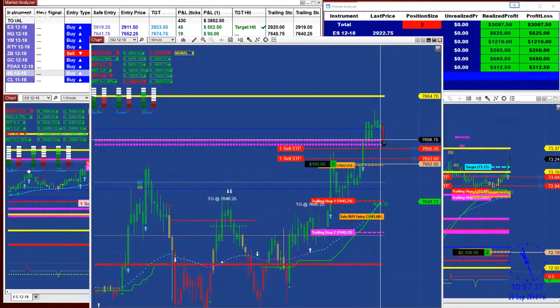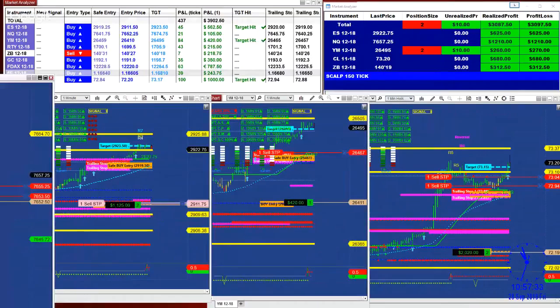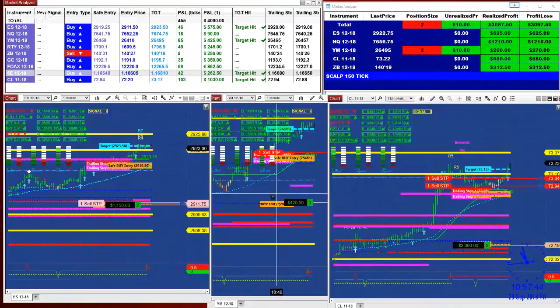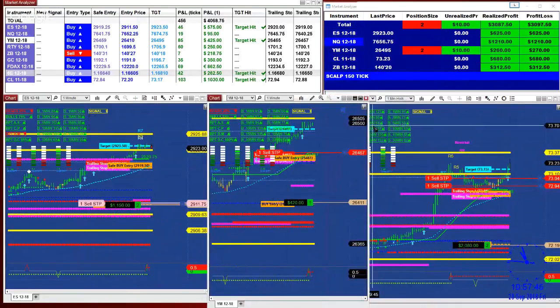There is a good potential re-entry on this one again. On the CL, we called that trade for you from all the way down here, and you should have plenty of profit in there.